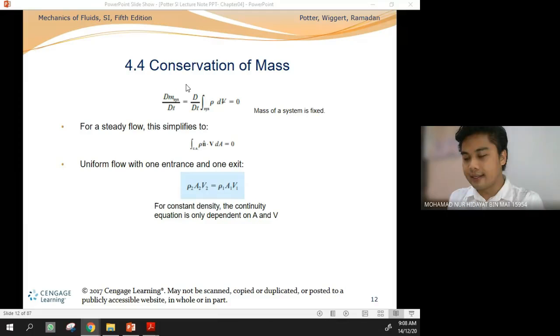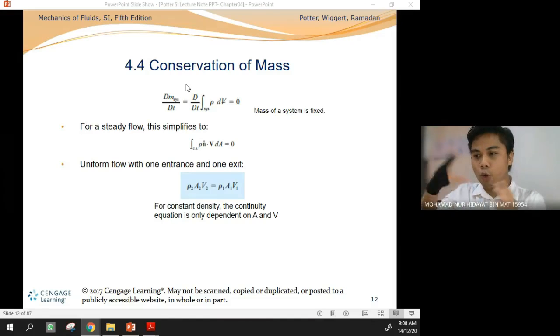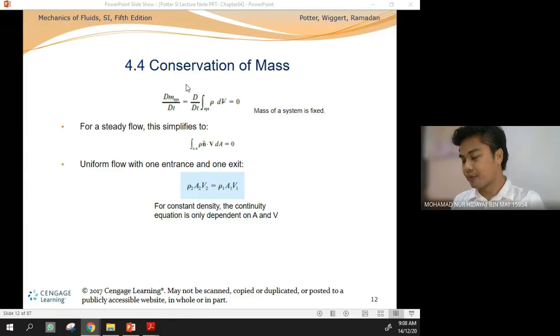Some say that the integral form is the solution form. The solution form means you integrate from the small infinitesimal particle, and post the integration, you will get the whole solution for the whole model. Remember the integration, we find the whole area or the whole volume.